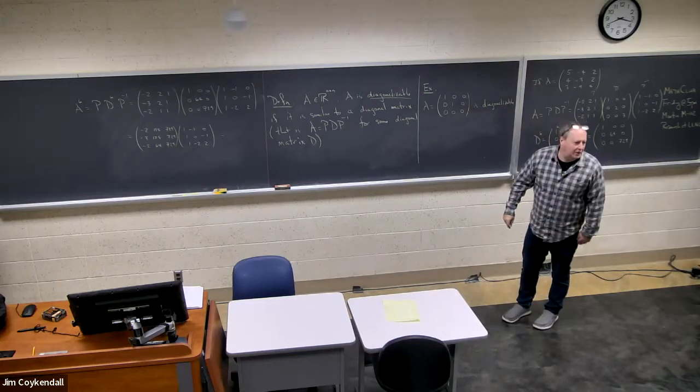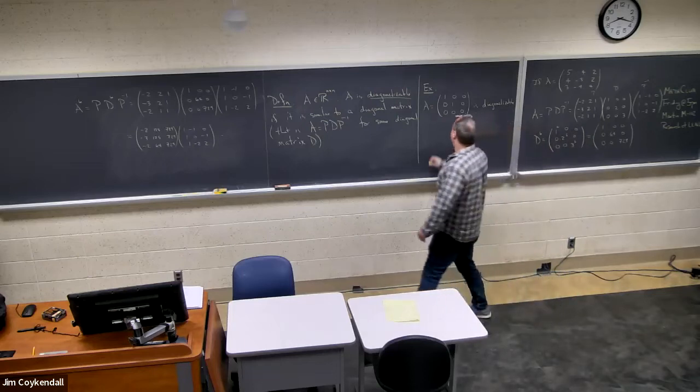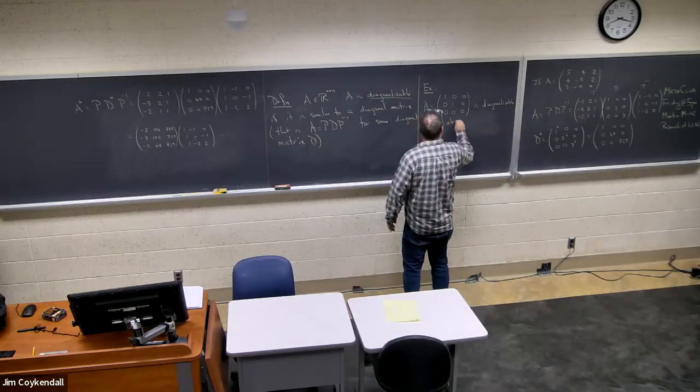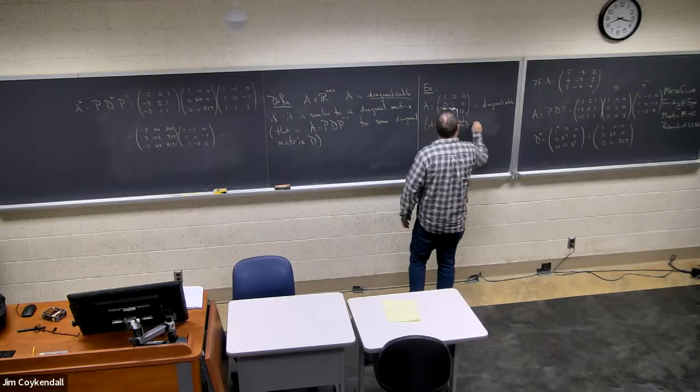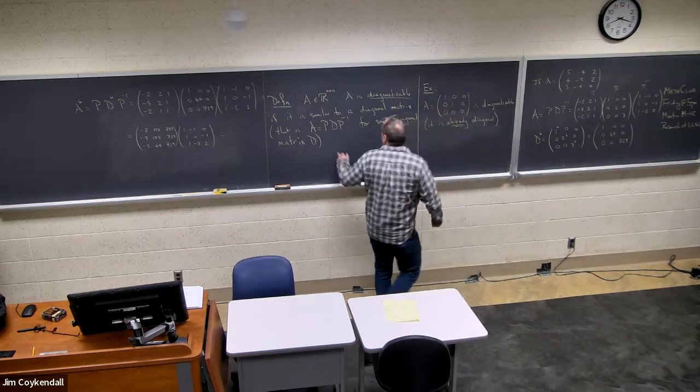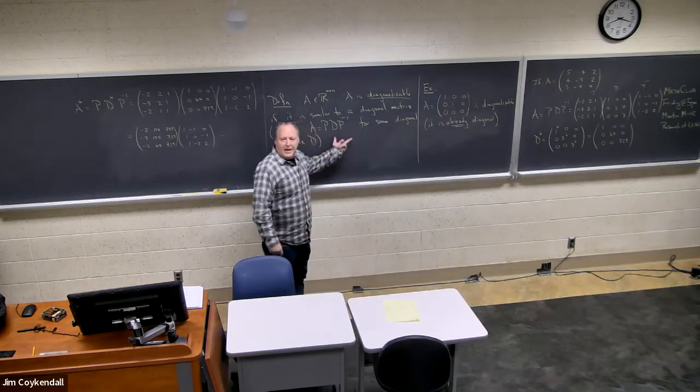In fact, it's diagonal, for crying out loud, right? So in particular, you could take the matrix P to be the identity.